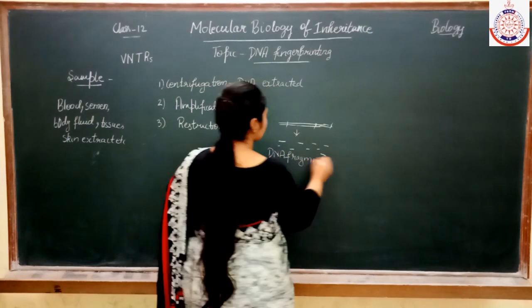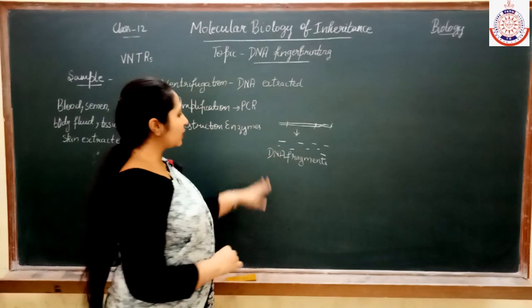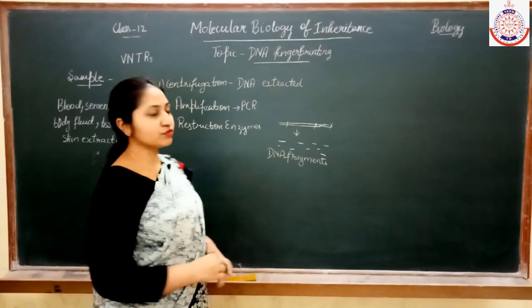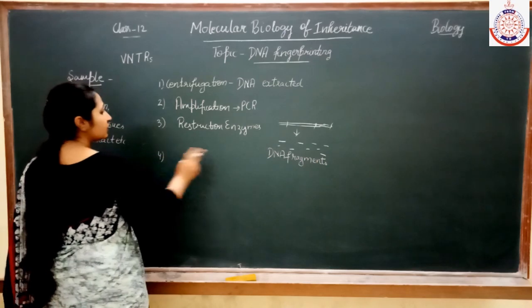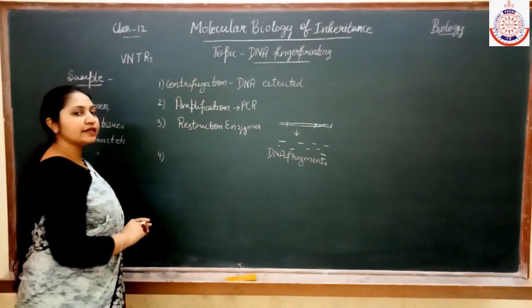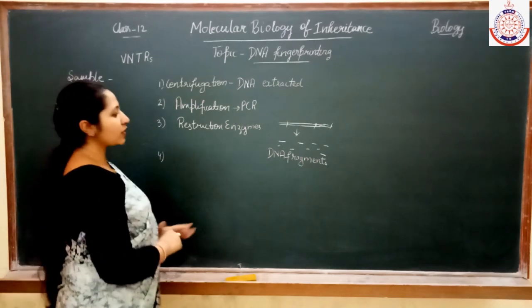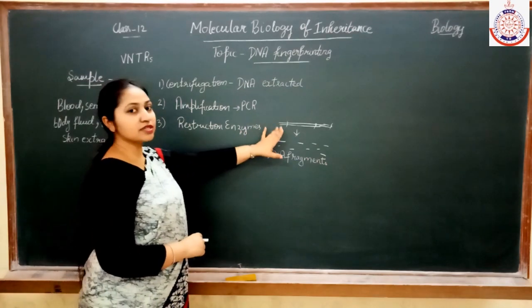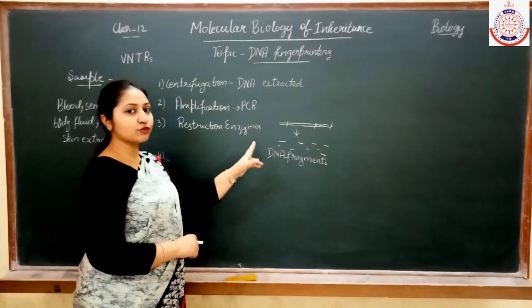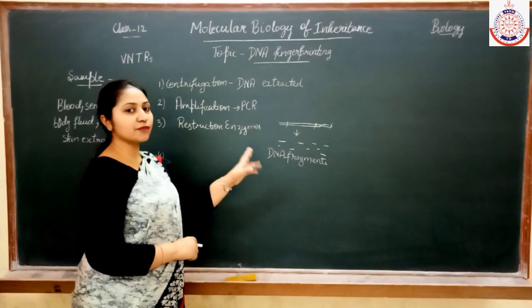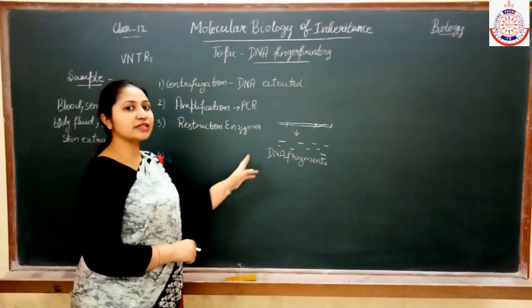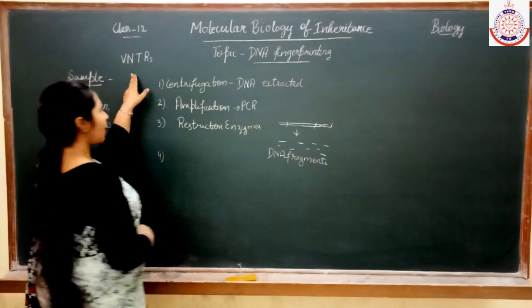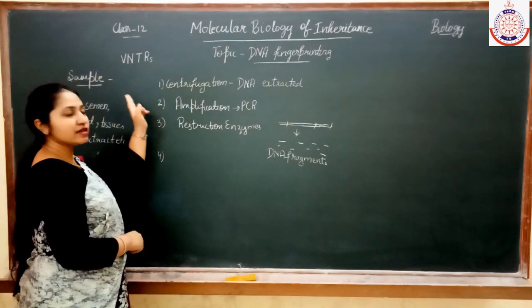Now the next step is that the DNA fragments that are produced should contain the VNTR sequences also. When the restriction enzyme produces the cuts, we have to take only those restriction enzymes which produce DNA fragments having the VNTR sequences, means the repeated sequences.